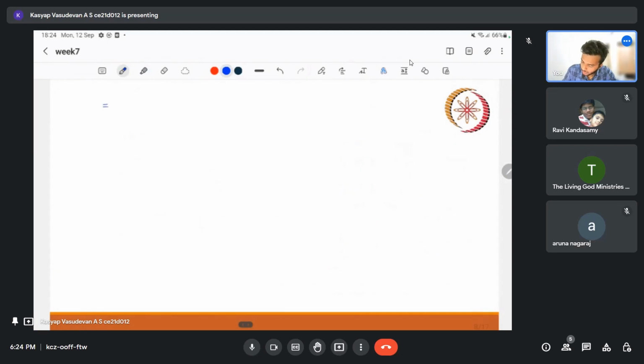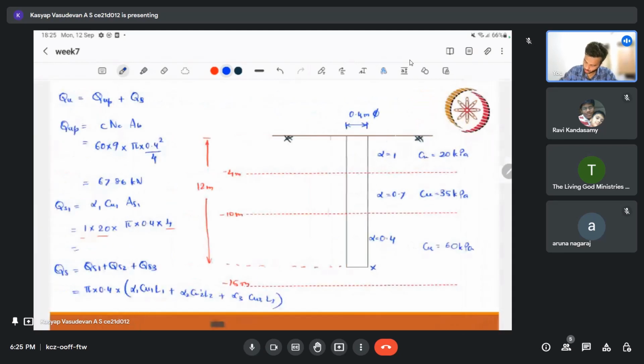So that is pi times 0.4 times alpha 1, which is 1, times Cu1, which is 20, times L1, which is 4, plus the second term: alpha 2 is 0.7, times Cu2 is 35, times length 6, from 4 to 10 meter.